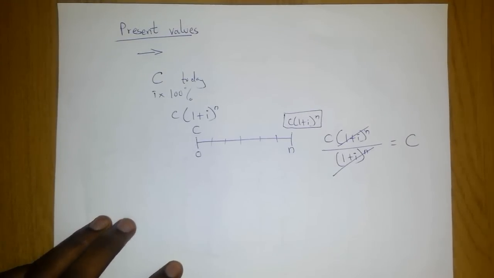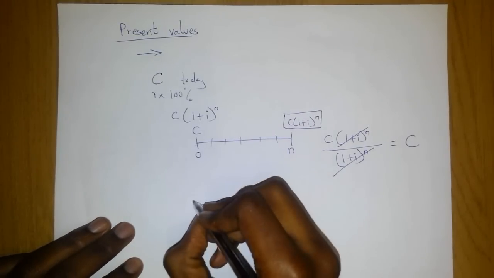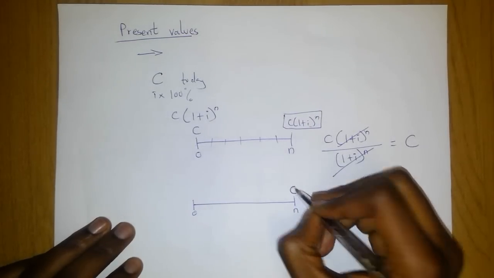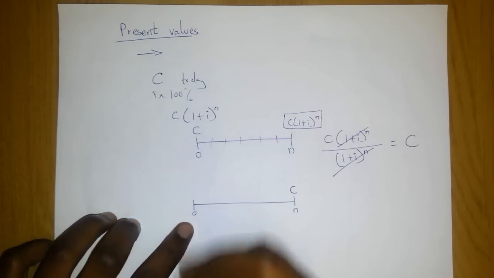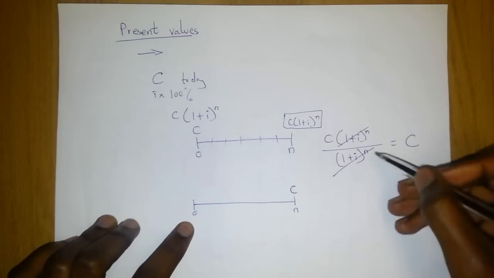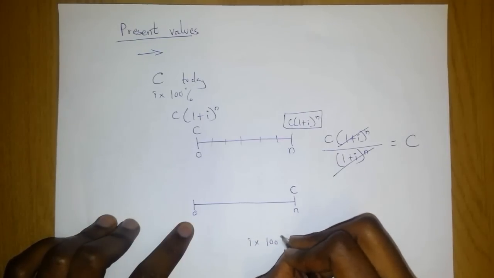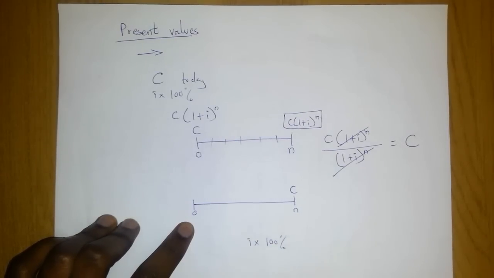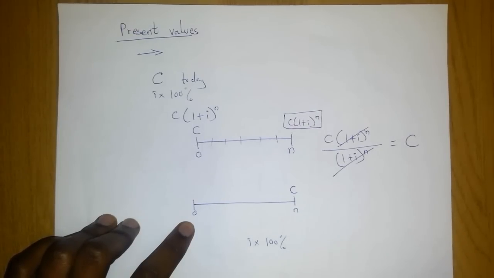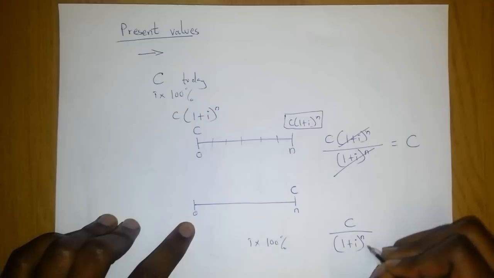So what is the value of, let us think of another idea here. What is the value of an investment of C made at time n today? What is the value of C at time n today? Same as before, considering that it is made at i times 100% rate of interest, the time period is n years, and you're considering compound interest, then this will simply be C over (1 plus i) raised to the power n.